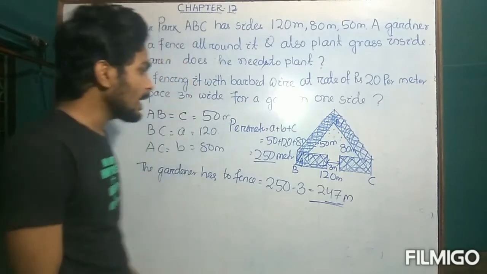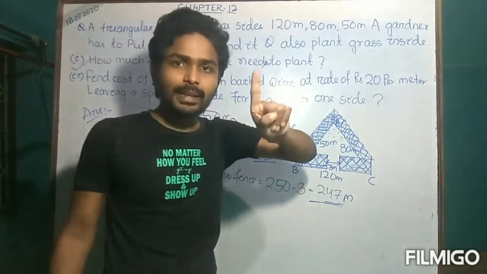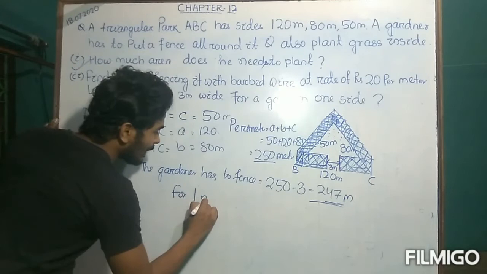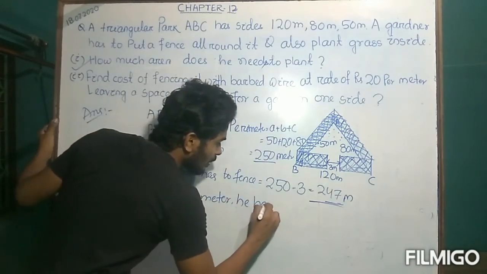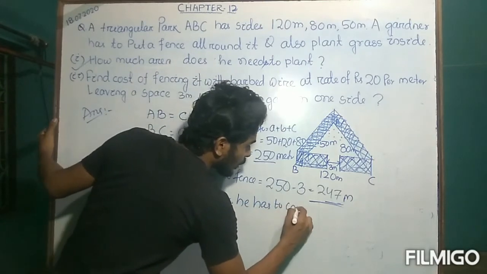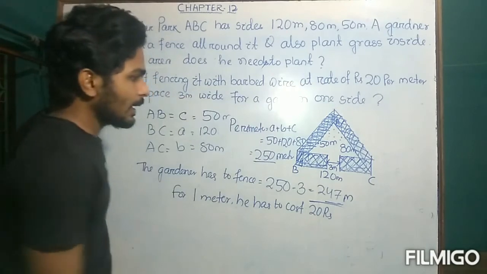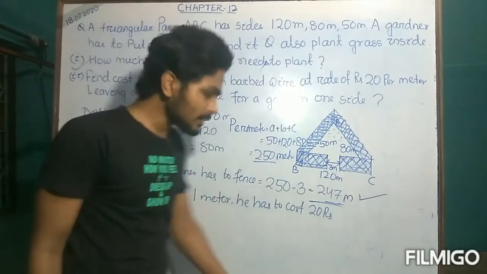Clear now? Now, but it is given that he has to cost ₹20 for 1 meter. For 1 meter he has to cost 20 rupees. But actually he has to fence how many meters? 247 meters.